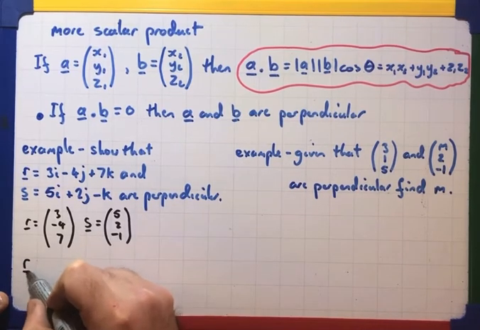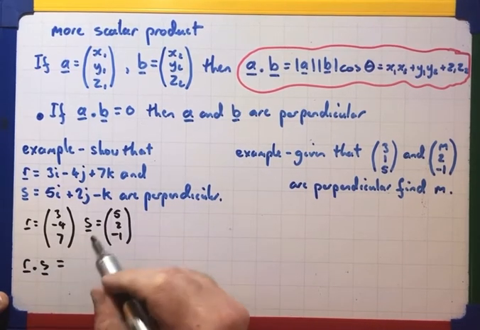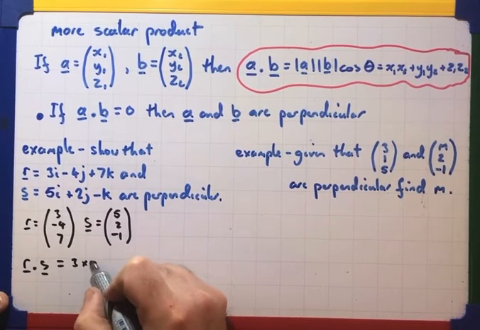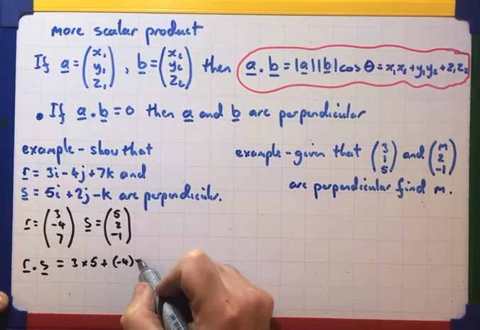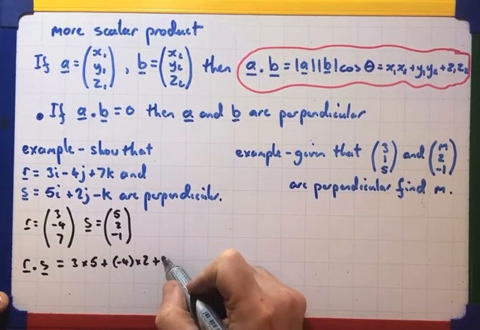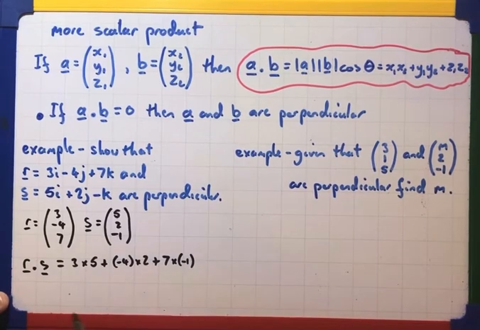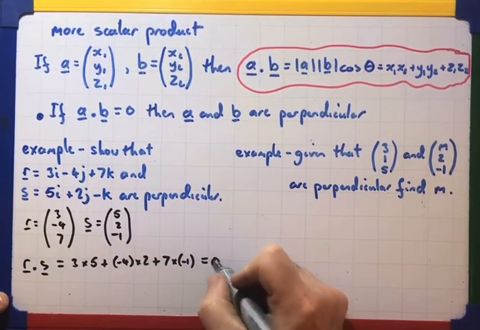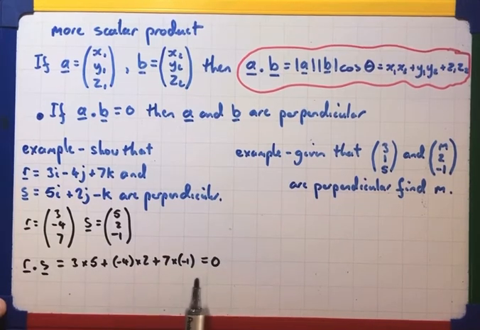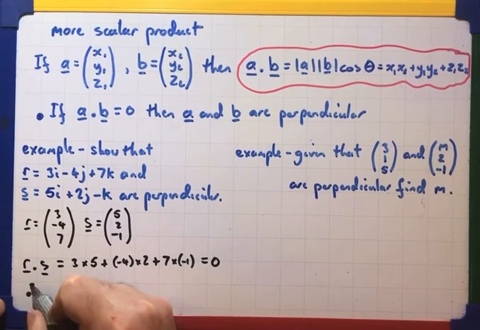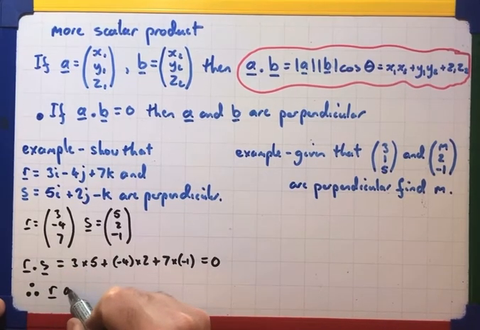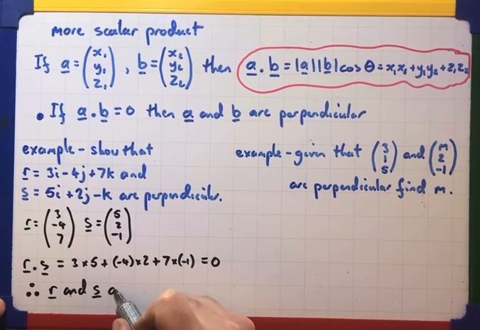So we have R dot S equal to 3 times 5, plus minus 4 times 2, plus 7 times minus 1. So that's 15, minus 8 is 7, take away 7 is 0. That gives us 0. Once we've shown that the dot product is 0, we can state, therefore, R and S are perpendicular.